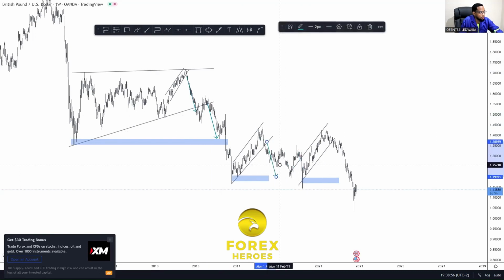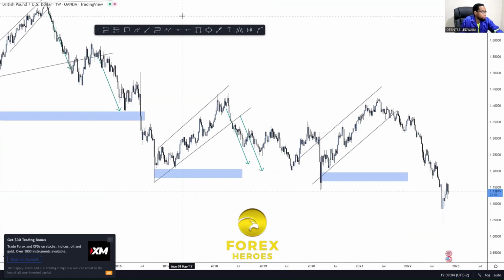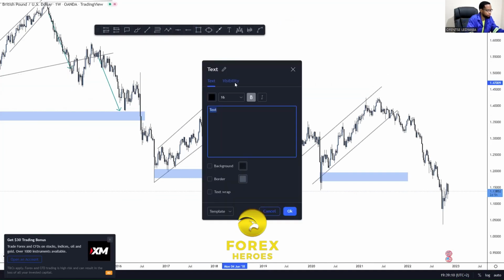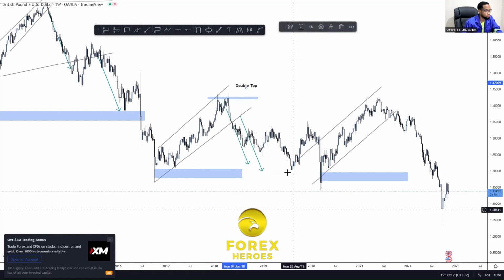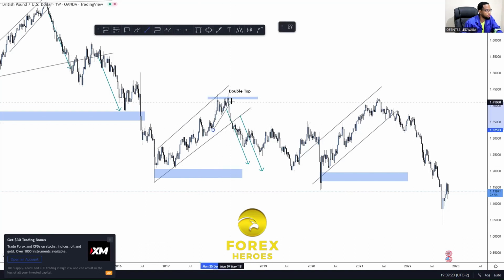And another one here, but we would have started. So you see we have a double top. Then use this.